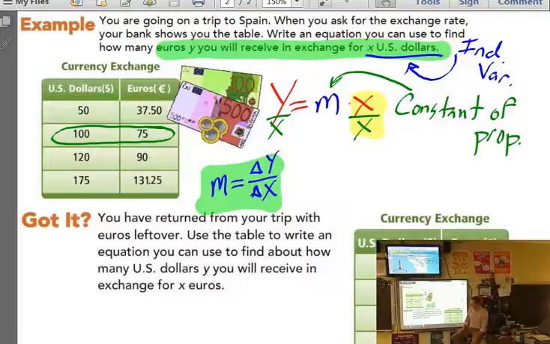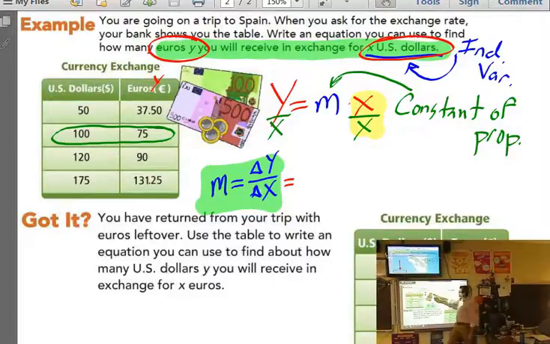So now, Ellie, you said that you have an answer, that you solved this. Okay, so I did, because I saw the 100 to 75, and I divided, but I wanted to double check. So I did 37.50 divided by 50. So let's verify. My euros are my y values, so that column is my y's.